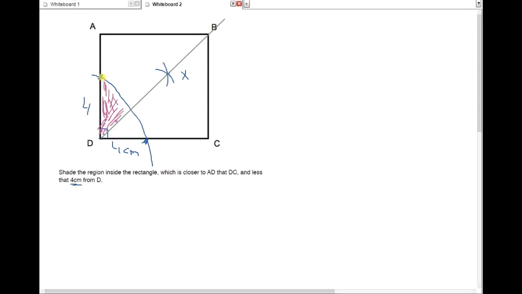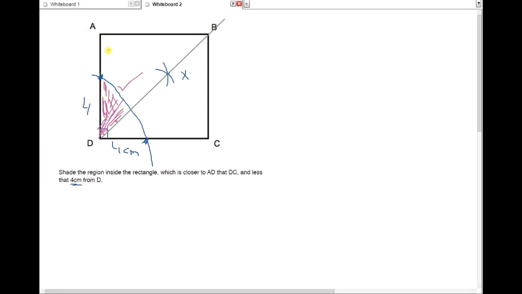Also you are not containing the points which are lying on this blue arc, because if you select these points, you can see that they are exactly 4 centimeter away from this point D, because it is a part of a circle.